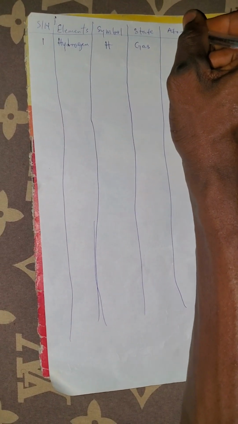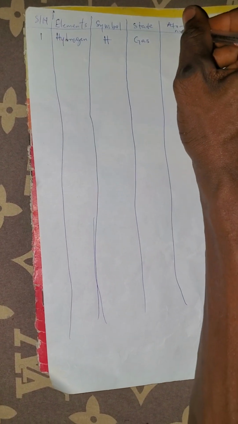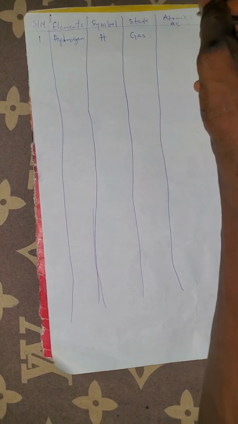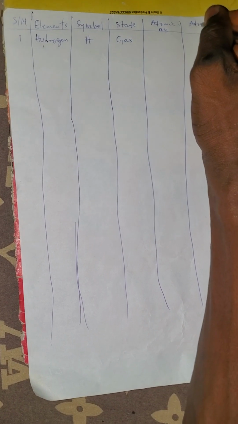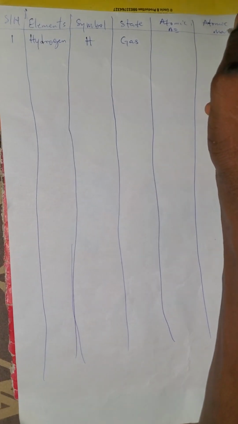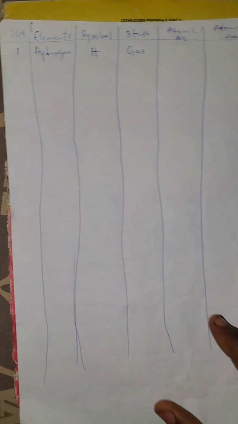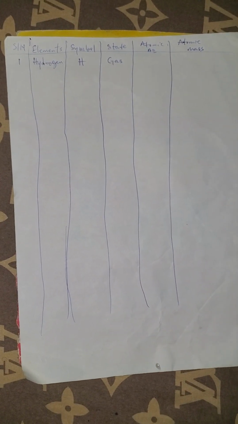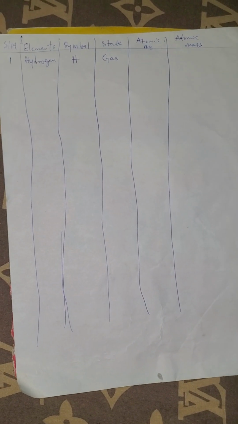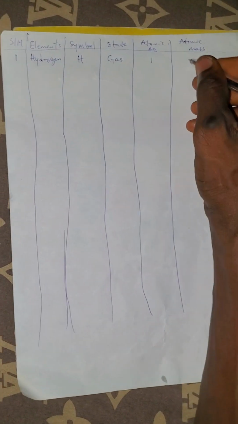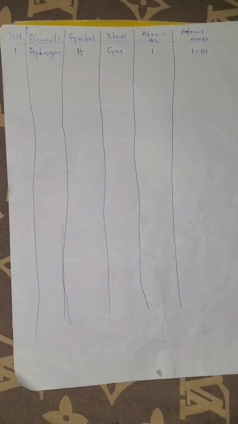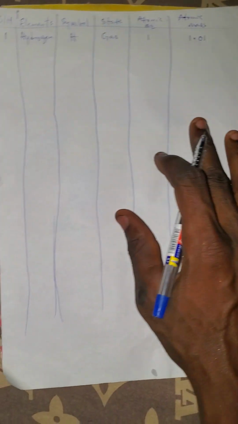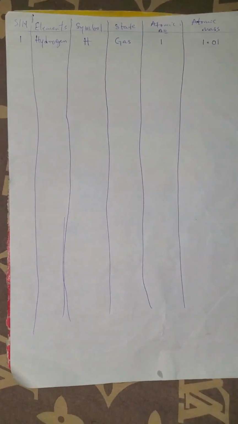Now let's talk about the atomic number and the atomic mass. The atomic number of hydrogen is 1, and the atomic mass of hydrogen is also 1. On the norms, it is 1.008, but approximately let us have it as 1.0.